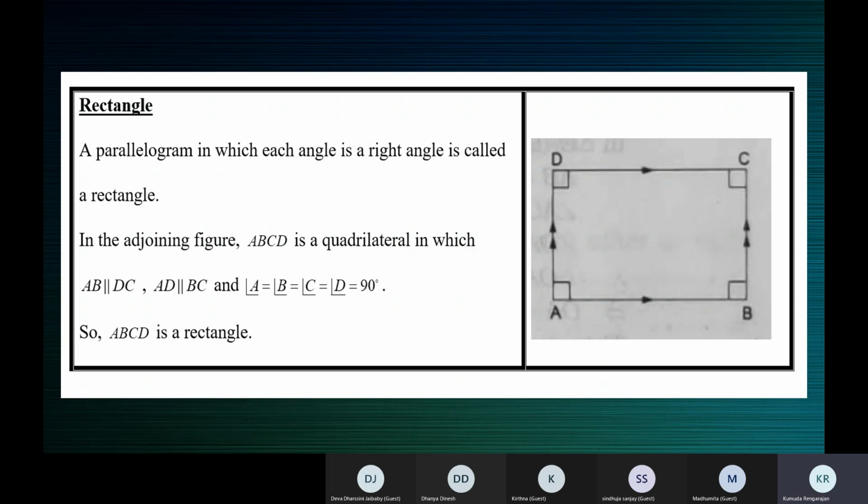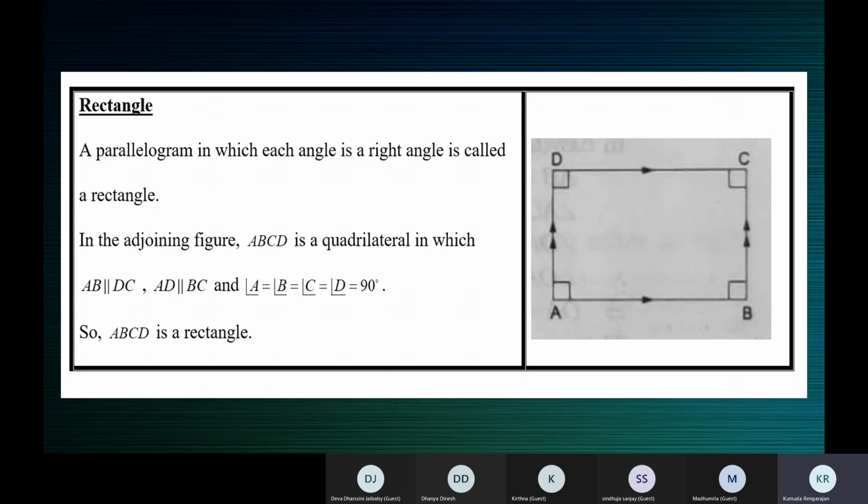See, you observe a quadrilateral and you see that opposite sides are parallel. So you conclude that it's a parallelogram. Then in the parallelogram, you see that one angle, if you call it ABCD, either A or B or C or D, one of the four angles, is a right angle.